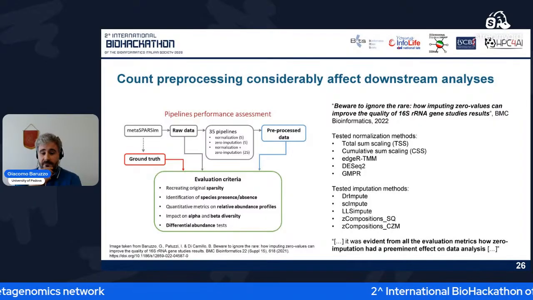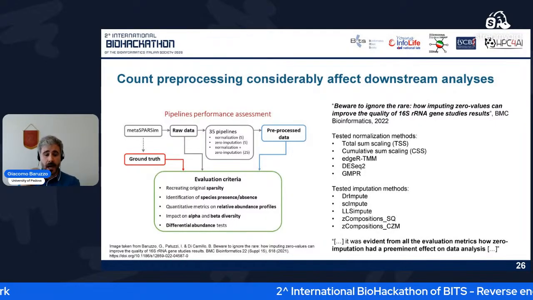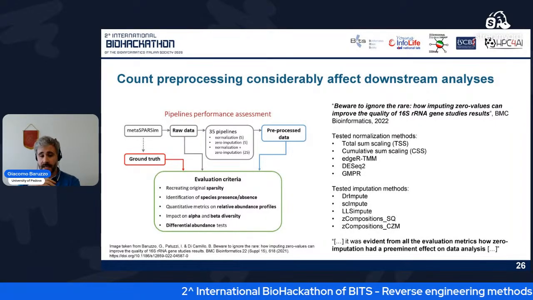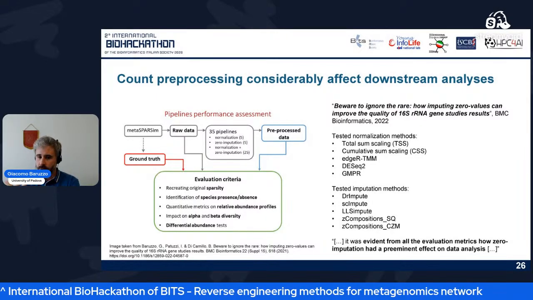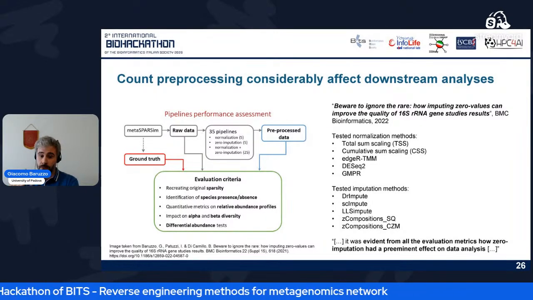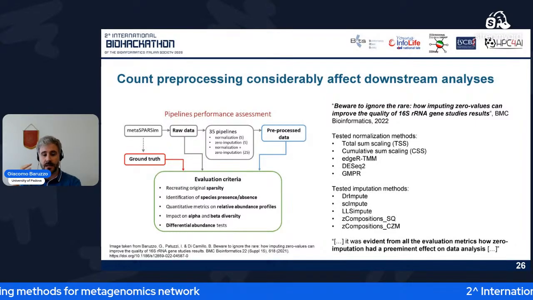All these steps have a practical impact on analysis. There are a lot of comparison studies where researchers tested different batch effect correction, normalization, and zero imputation methods, and they proved that these have a huge impact on providing good or bad quality preprocessed count data for downstream analysis.